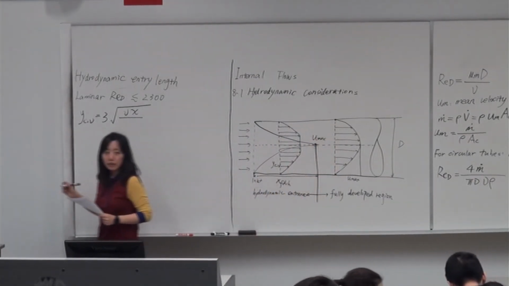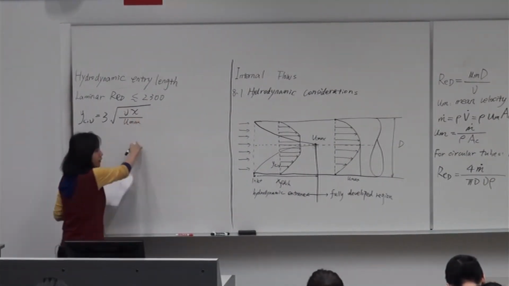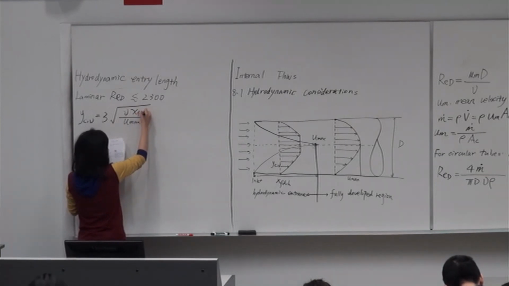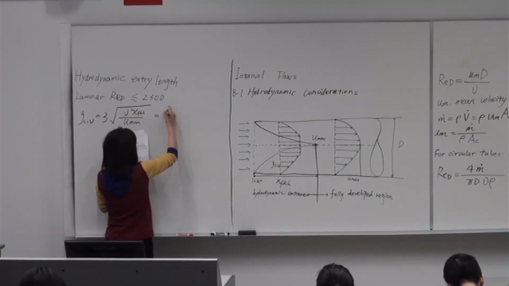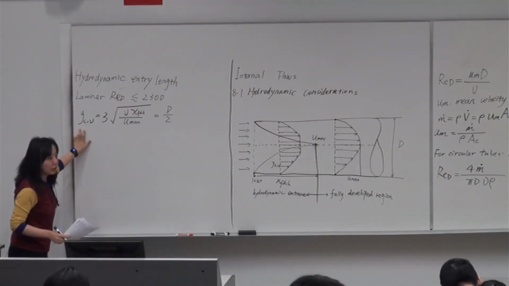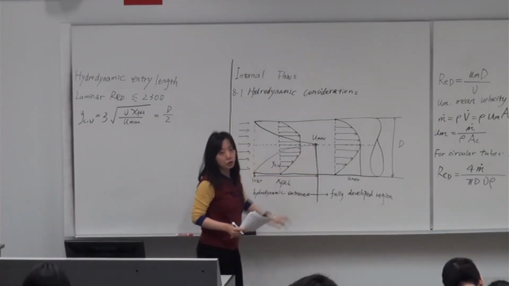So we use U maximum as an approximation. And at the fully developed hydrodynamic entry length, the thickness of our velocity boundary layer is half of the diameter of the tube.